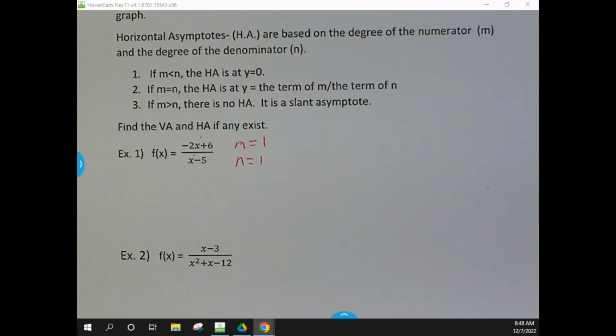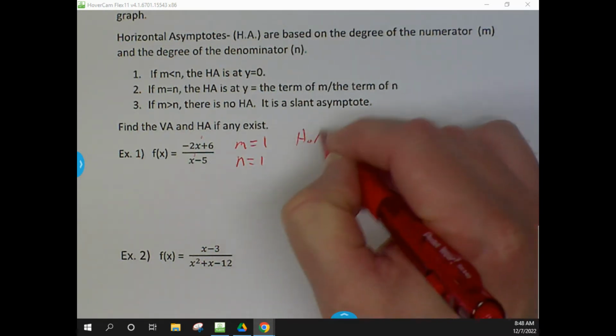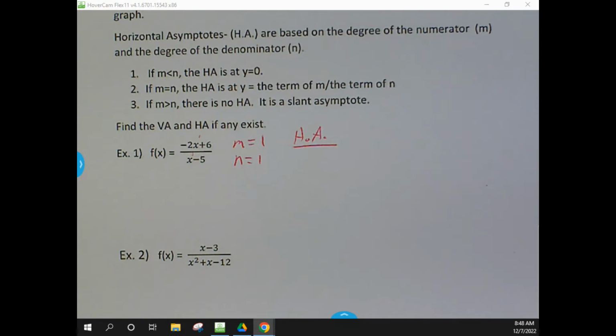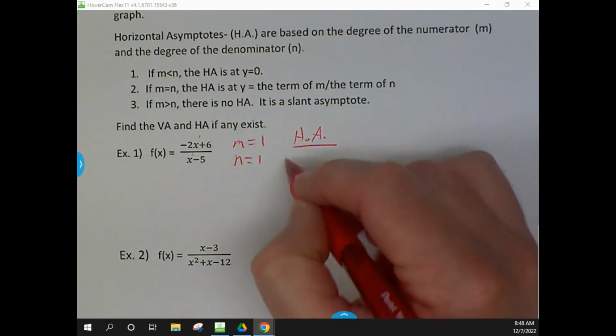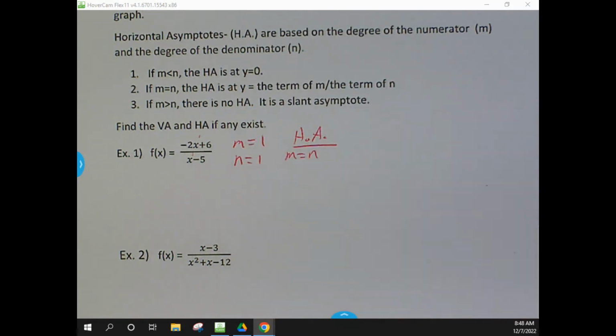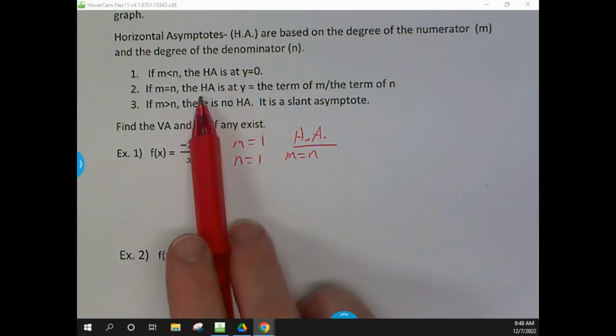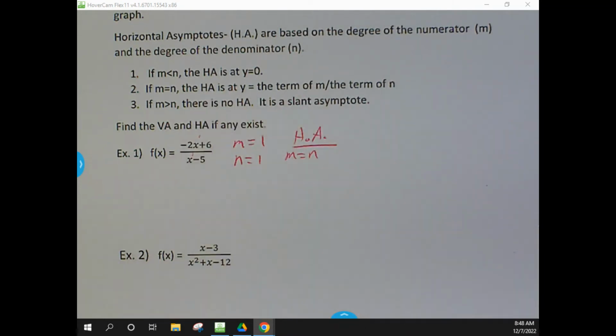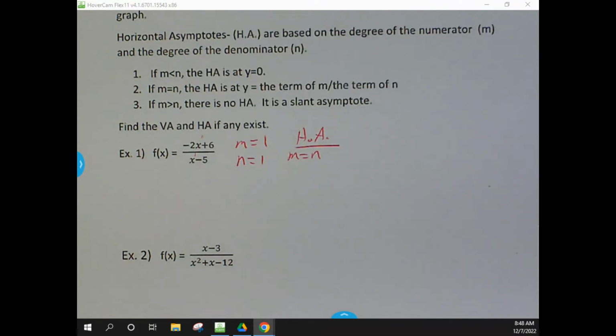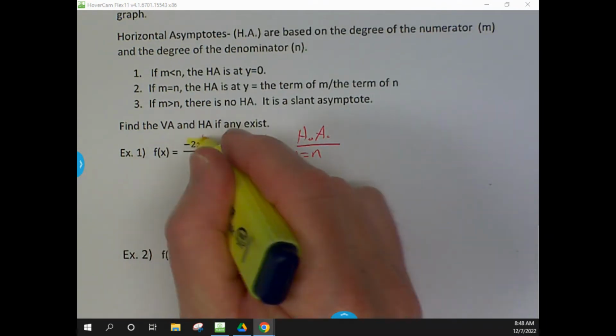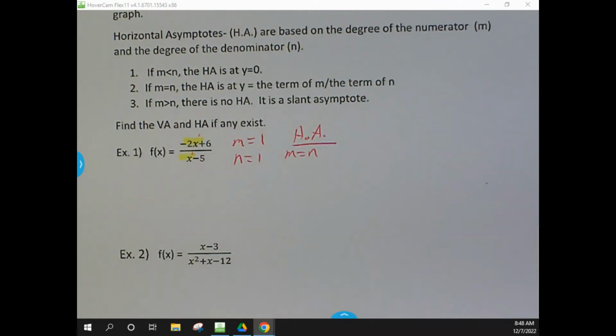So if these 2 things are equal, and we're talking about the horizontal asymptote here, then the horizontal asymptote by default is going to be the first 2 terms over each other. So we're going to have negative 2x over x.